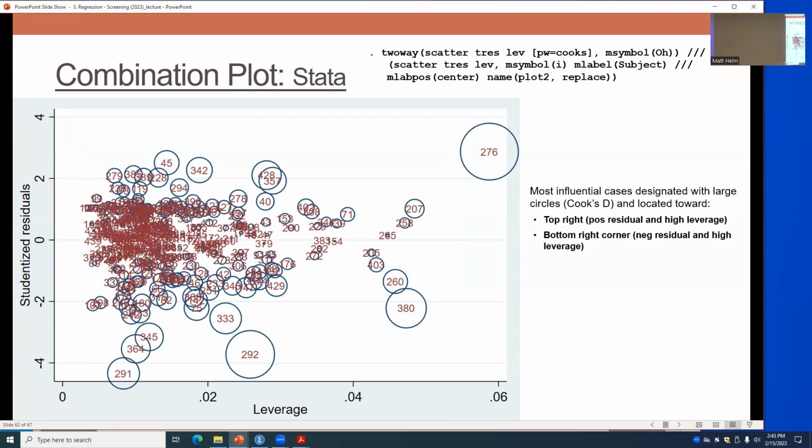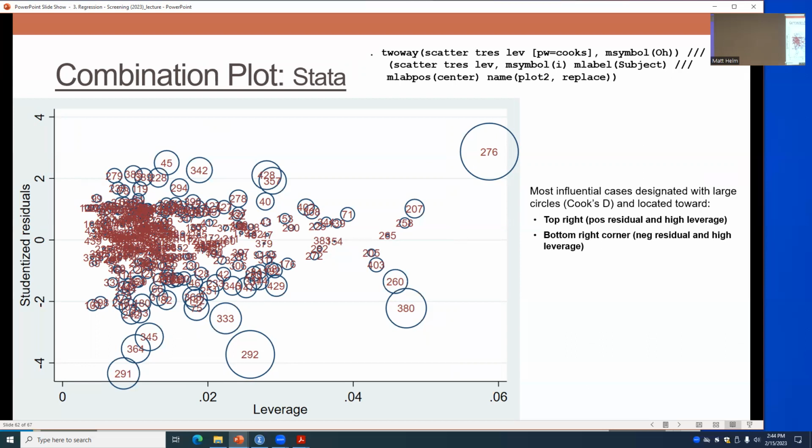This is a really cool plot, in that we've got our leverage on the X axis, our residuals on the Y. And we've got individual case numbers here, but then the circle boundary is proportional to Cook's D. So here what we're looking at is big values with a combination of high leverages, high residuals, either in the positive or negative direction, with big bubbles indicating big D values, right?